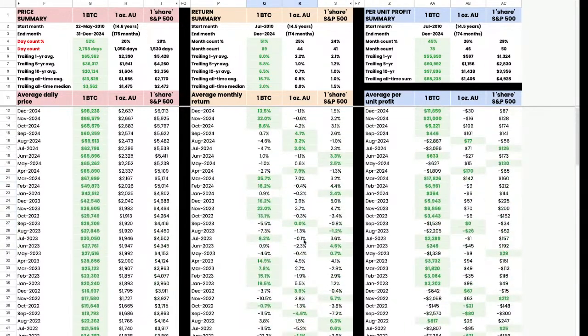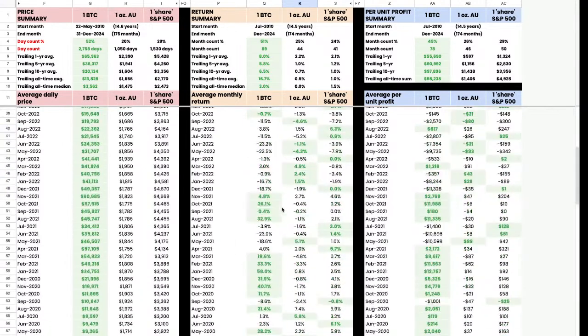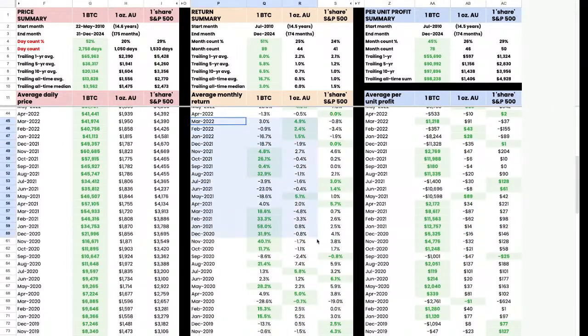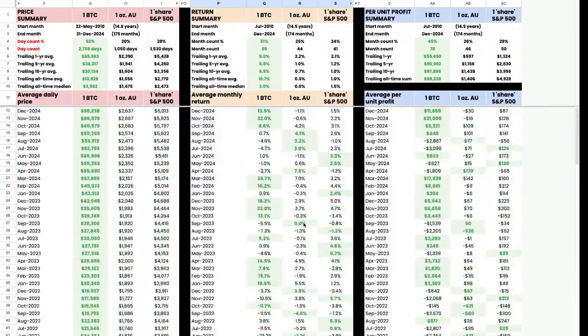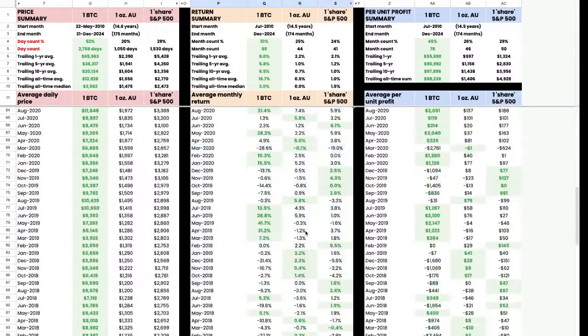So for that good stuff, it's the middle column here. It's this return summary. So just looking down the columns of the middle section here, from columns P to S, we have monthly returns.